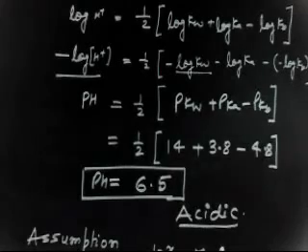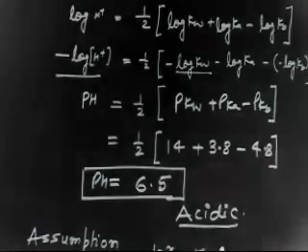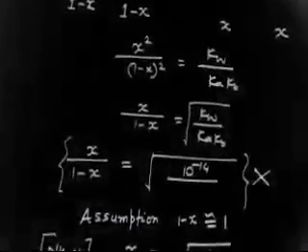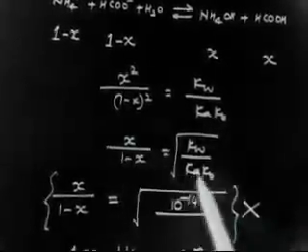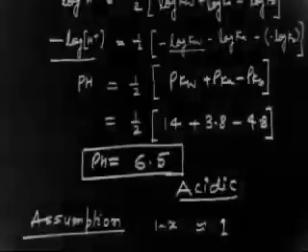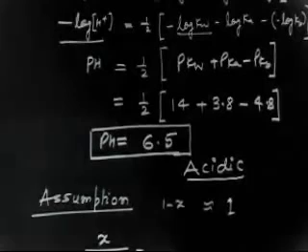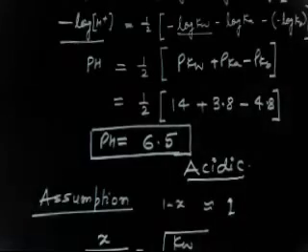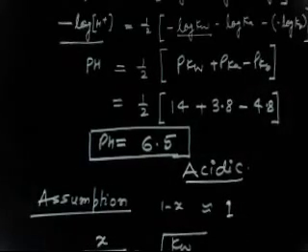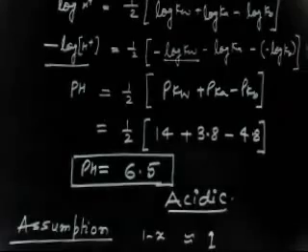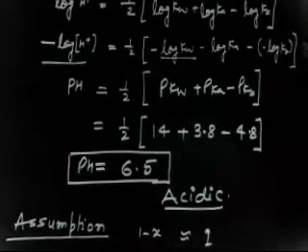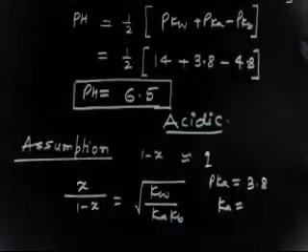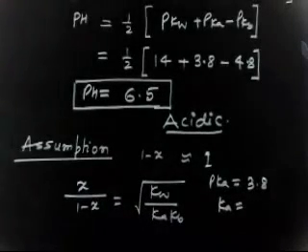To find x, I have to use this expression: x by 1 minus x equals under root Kw by Ka into Kb. Now I can solve this equation only if I know Ka and Kb. pKa is given, pKa is 3.8. So what is the value of Ka? I can find this value using the calculator.